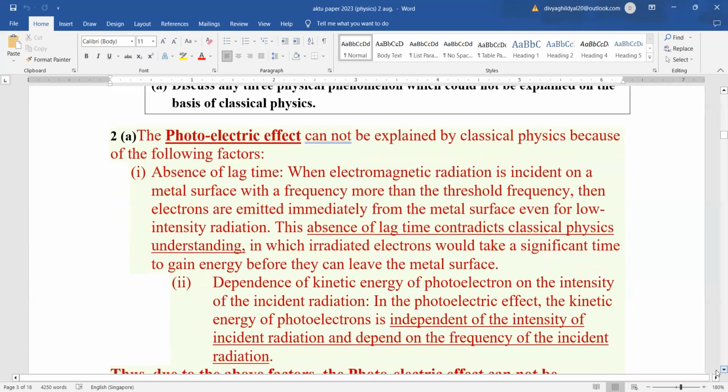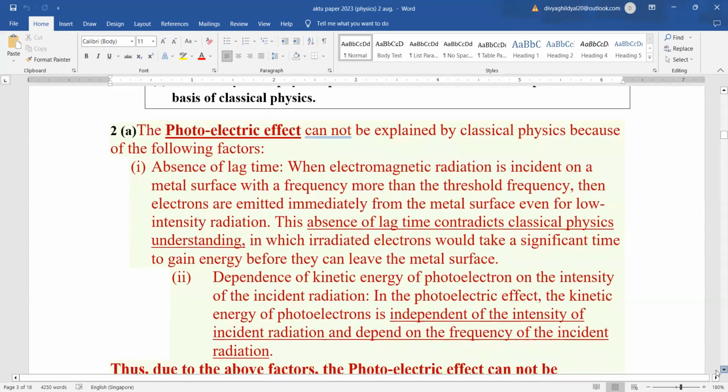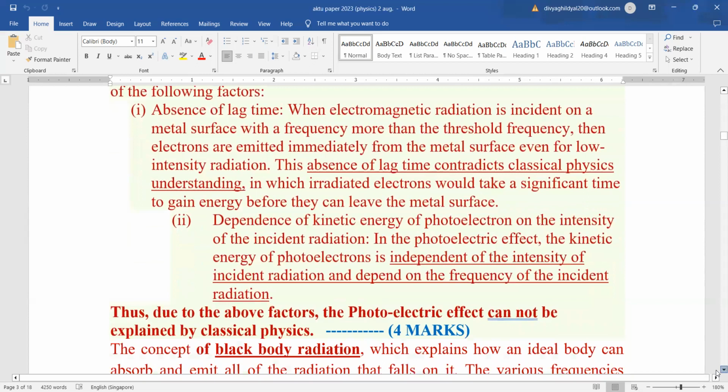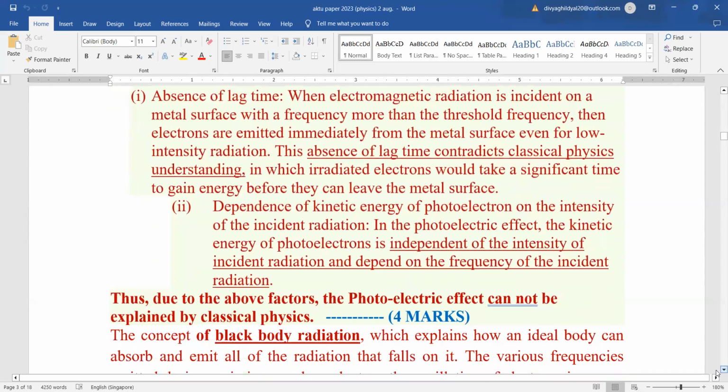So the common effects which failed to be explained on the basis of classical physics are the photoelectric effect and black body radiation. As you remember, in the photoelectric effect, the energy of the emitted electrons is independent of the intensity of incident radiation and depends on the frequency of incident radiation.